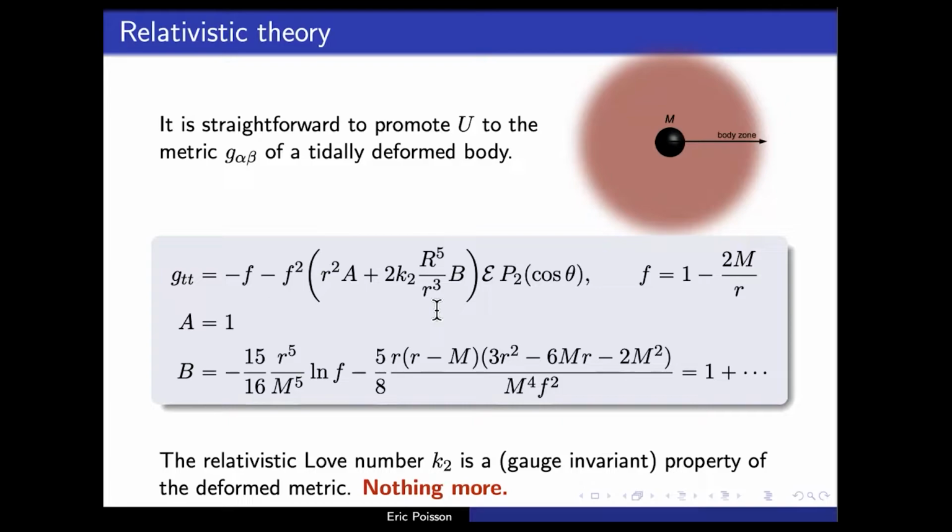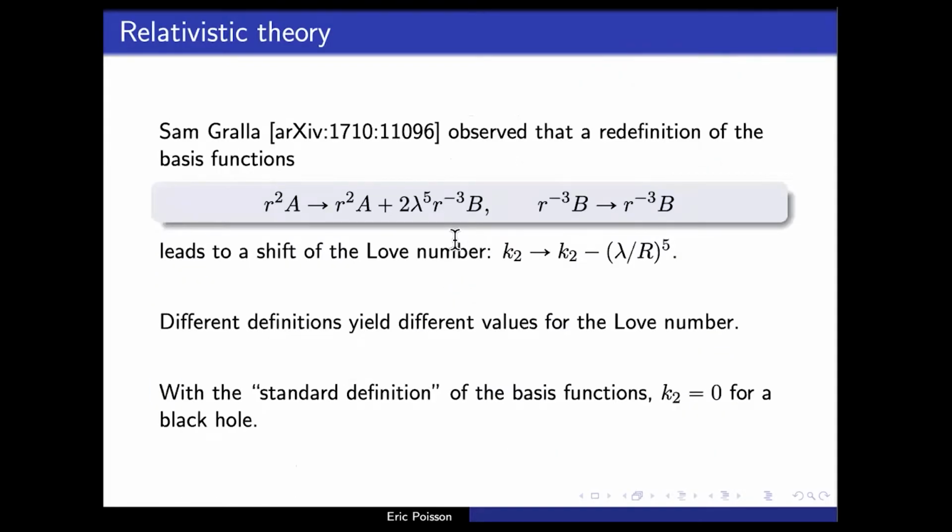Right, but you are redefining containing a R itself. Oh yeah, no. So the solution is actually R squared times A, and it's actually 1 over R cubed times B. So those are the real solutions. Right. So what I'm saying is that these individually are both solutions. And because I'm working in linear perturbation theory, I can always add solutions and they remain solutions. Okay, yeah, thanks for the clarification. That's good.